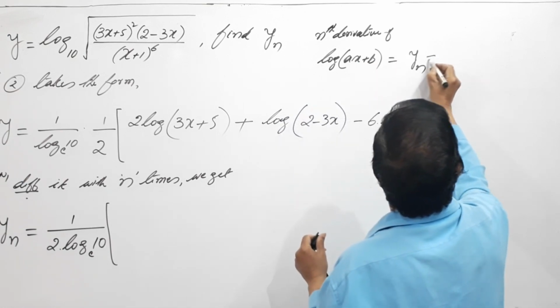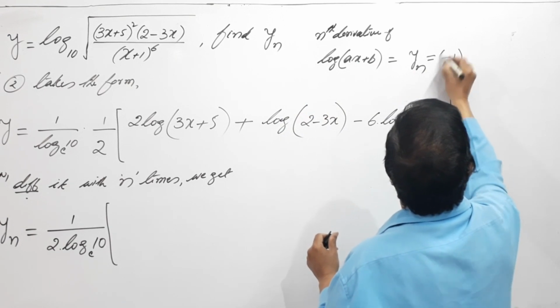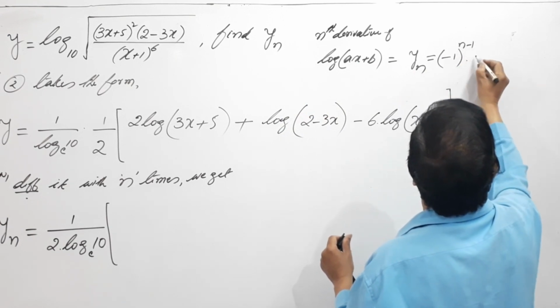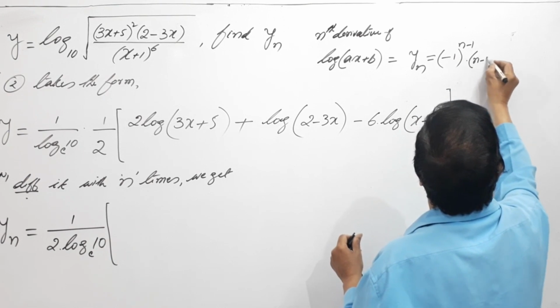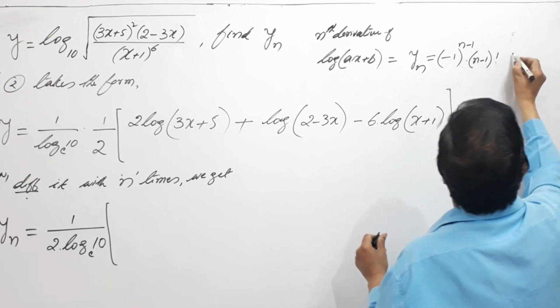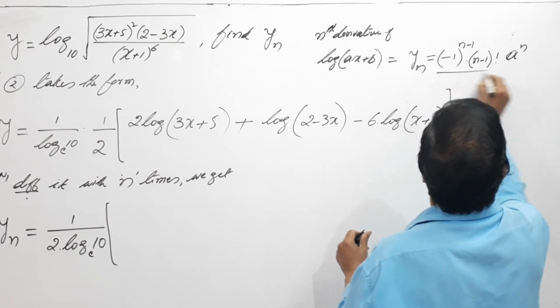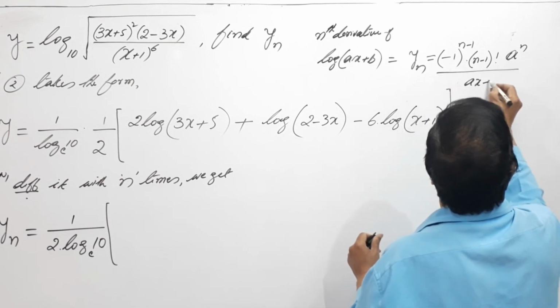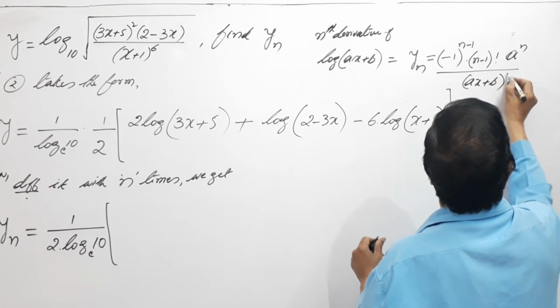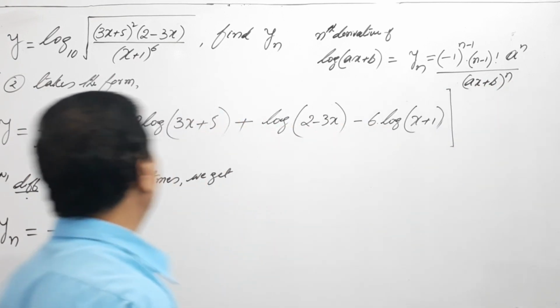Yn equals minus 1 to the power of n minus 1 into n minus 1 factorial a to the power of n divided by ax plus b to the power of n. So that is the formula.